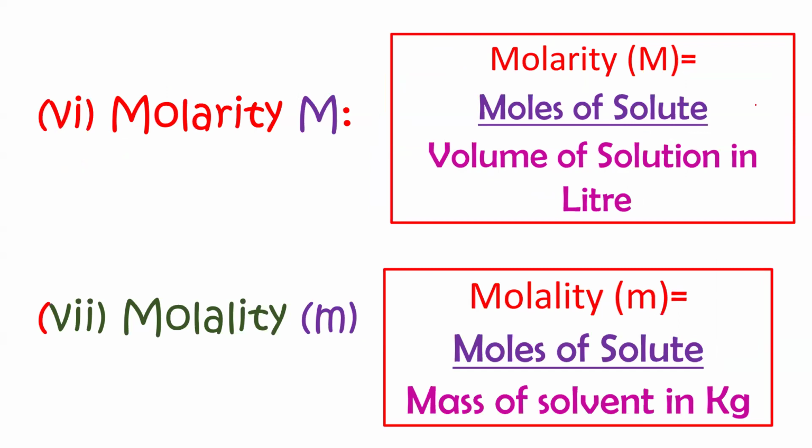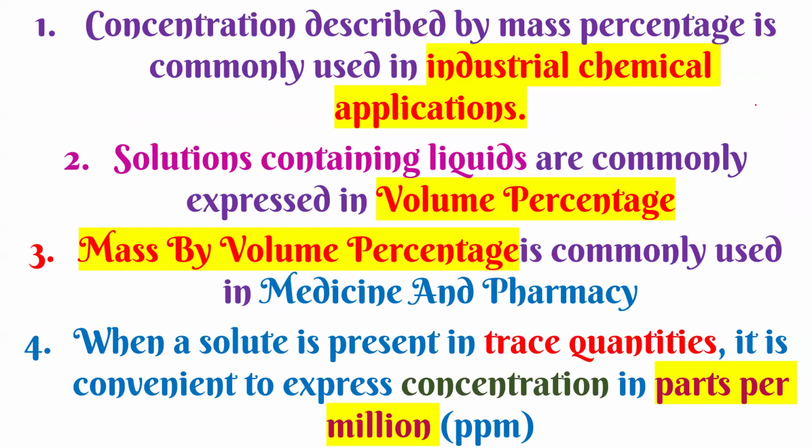Molarity, capital M, is moles of solute by volume of the solution in liter. Molality, small letter m, is moles of the solute by mass of the solvent in kg. So capital M refers to volume, and small letter m refers to mass in kg.